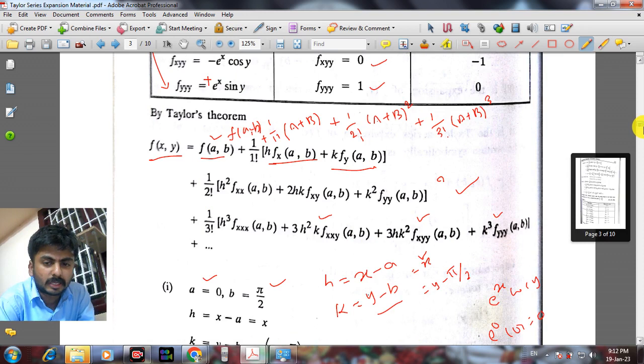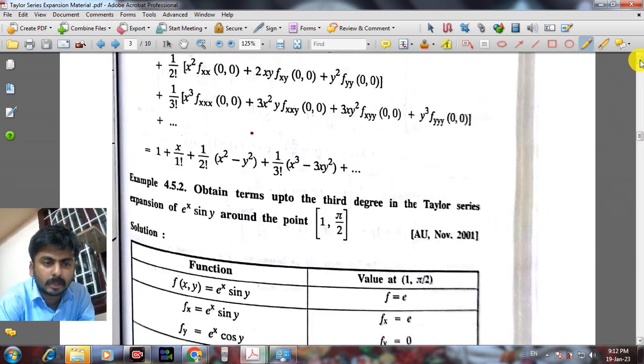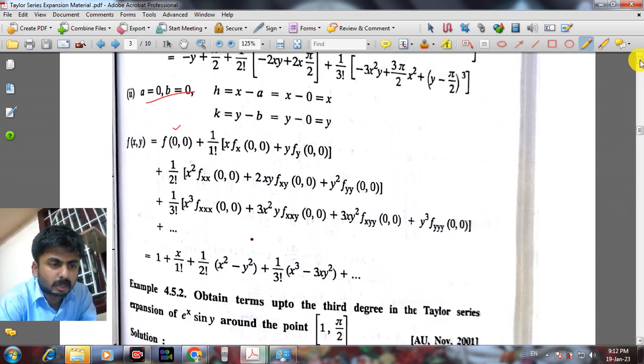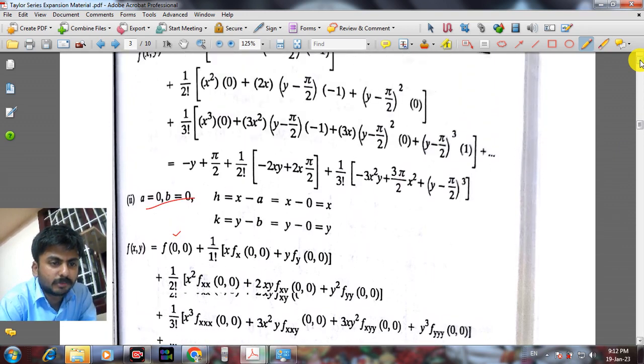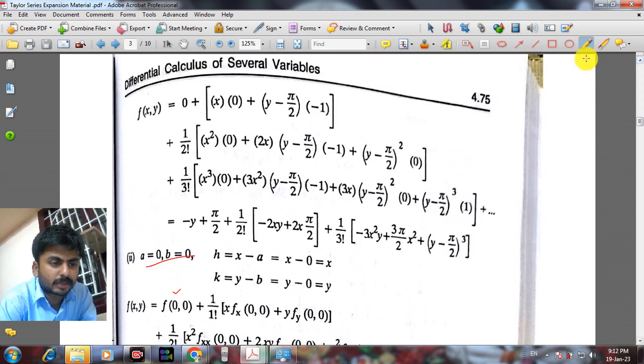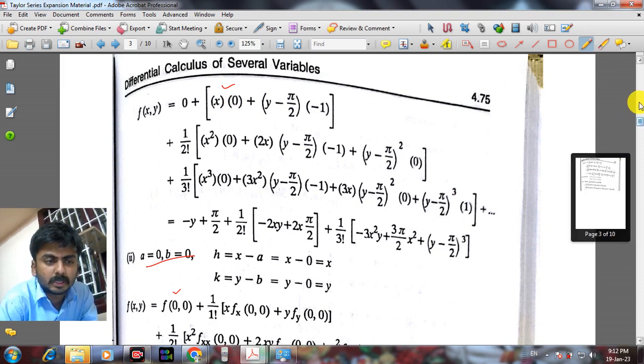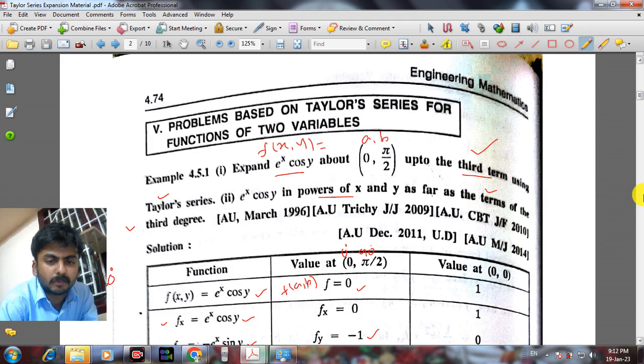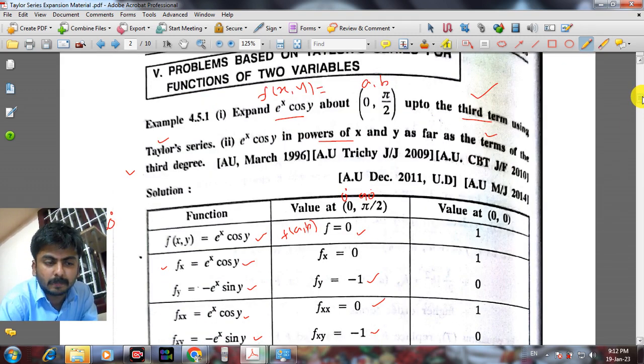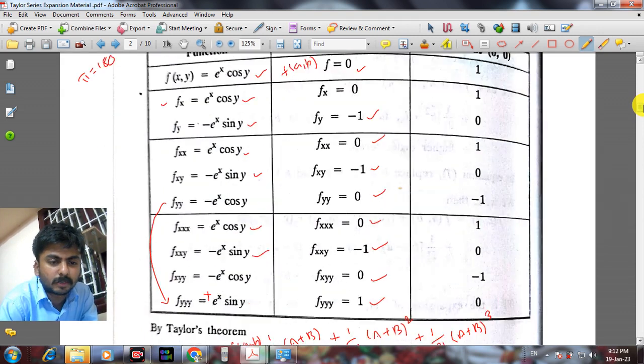After substituting all the values in the formula you get f of x comma y equal to 0 plus, x minus a into fx, that is h fx of a comma b plus k fy of a comma b, that is our formula.